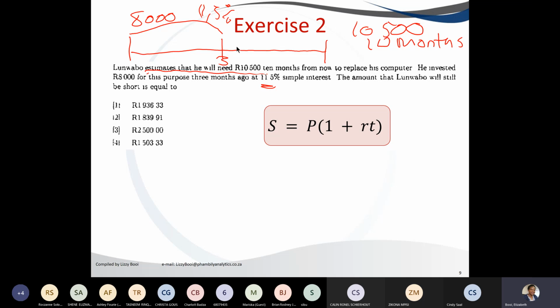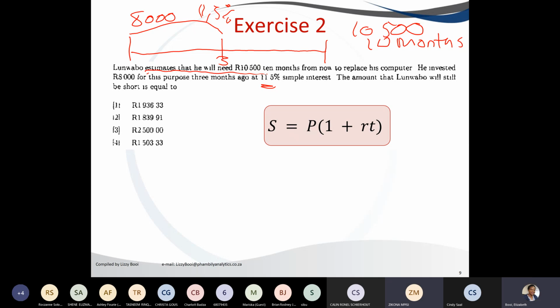So your present value in this instance will be 8,000 that he invested. Your term for that 8,000 will be 3 over 12. Then what will be your future value?